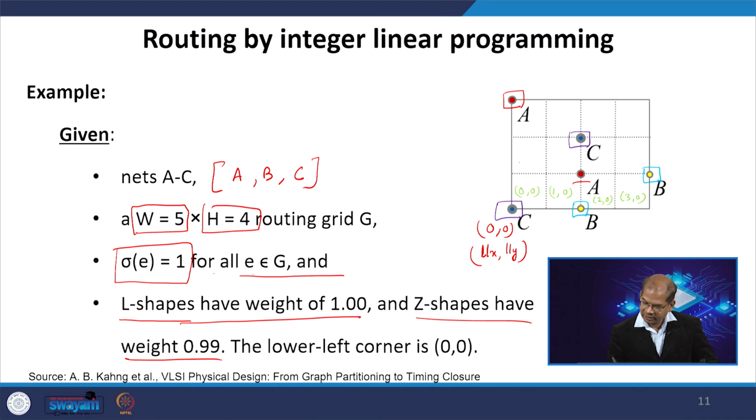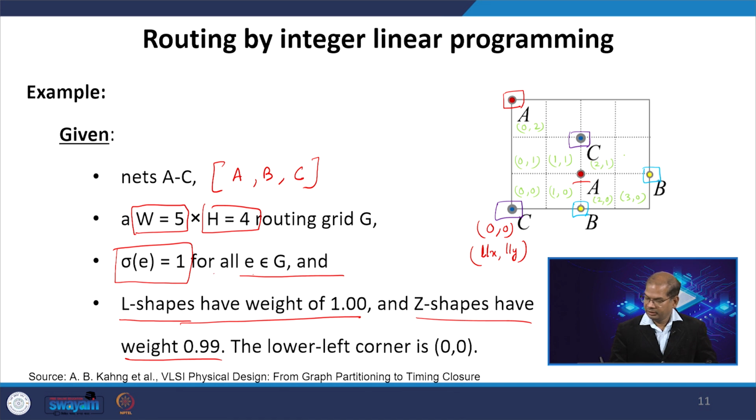Now, this will be 0 comma 1. This will be 0 comma 2. Now, the x coordinate will be the same and the y coordinate will be increased by 1. So, here the x coordinate is 2 and the y coordinate is 1.